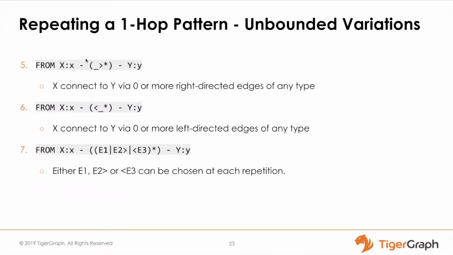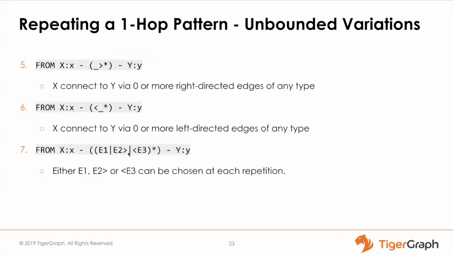And then this is rightward any edge connecting X and Y. And this is the leftward edge connecting X and Y. And then this is a disjunction Kleene star, meaning that X can reach Y, where there are multiple repetitions of either E1 or E2 or E3.